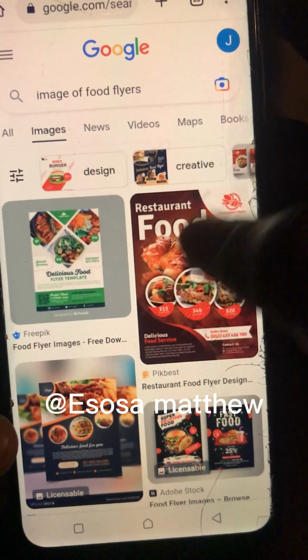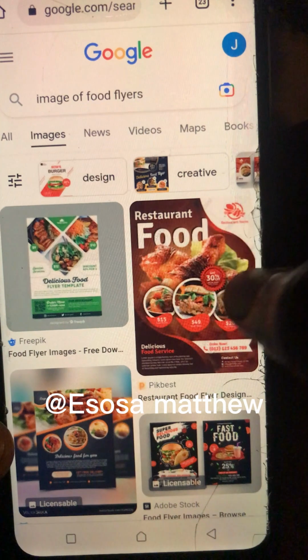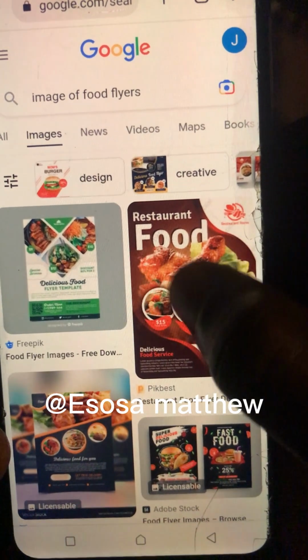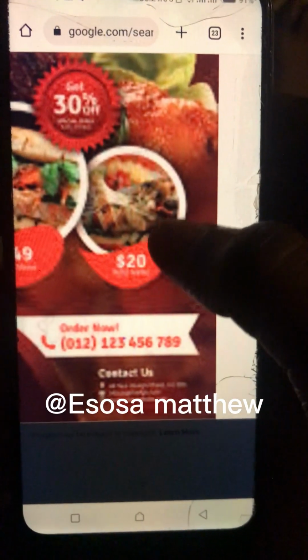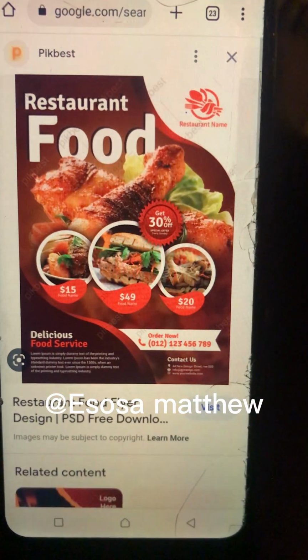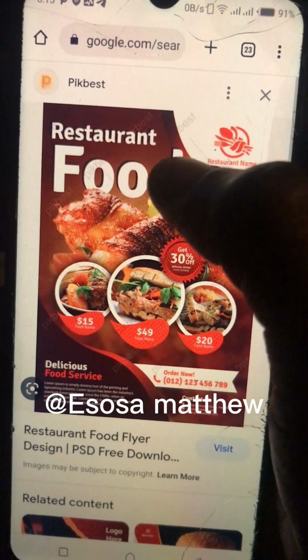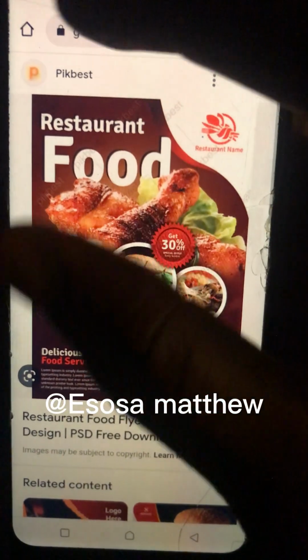Now you can see, using this image as an example, the main header here is "Restaurant food." This is the headline. That is why it is the boldest.